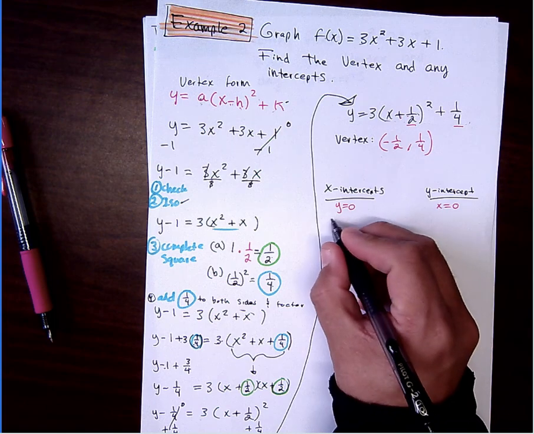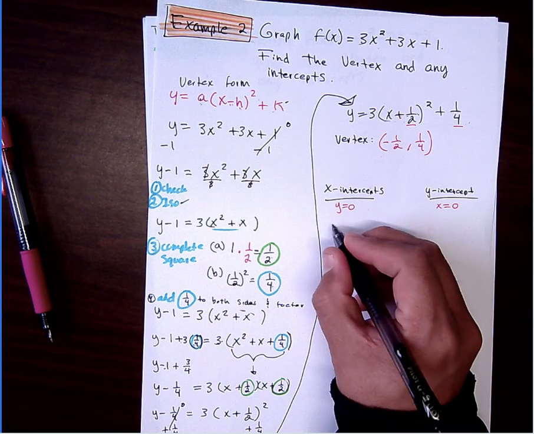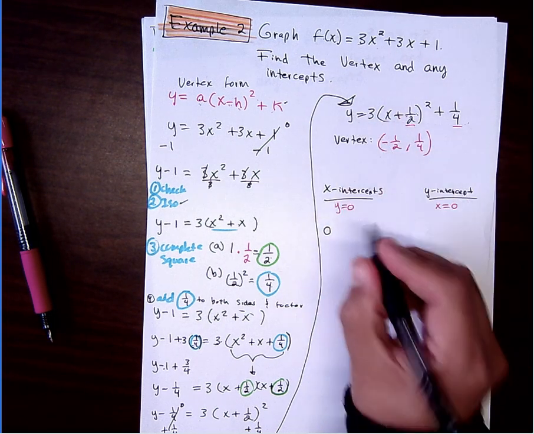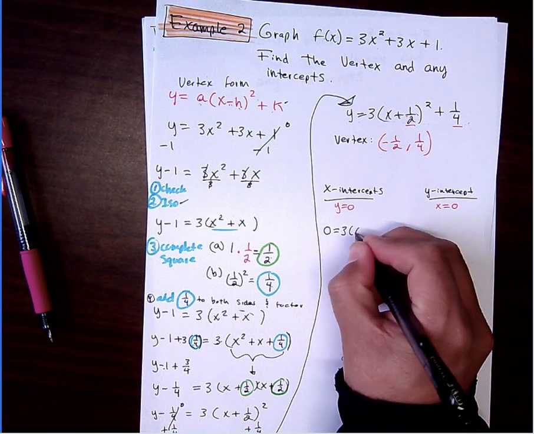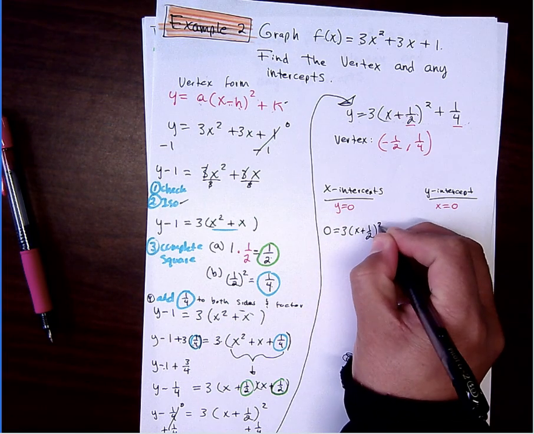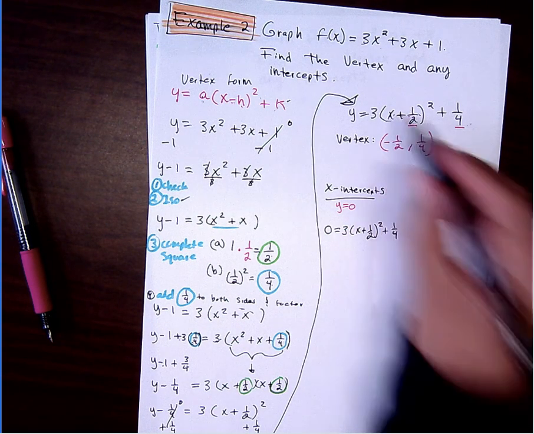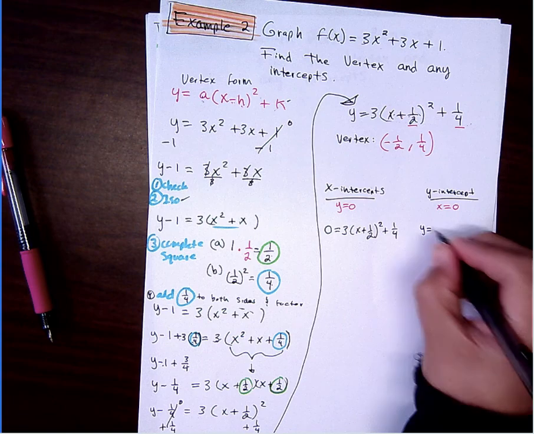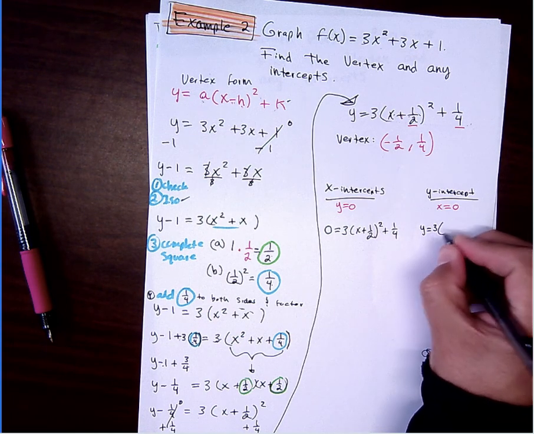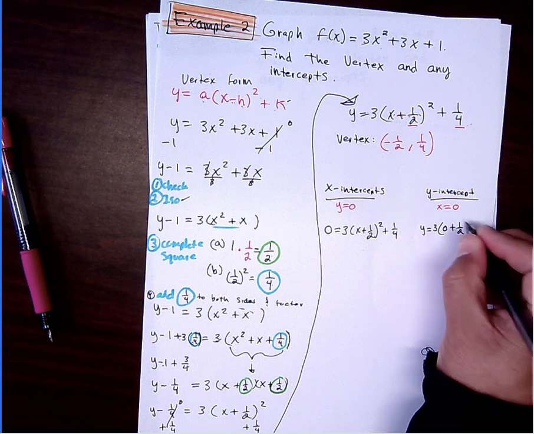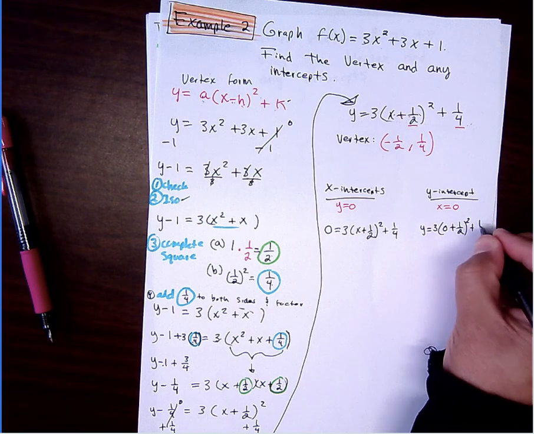So y would be 0, so I'm going to put 0 for the y. 3x plus 1/2 squared plus 1/4 for this one. And this one I'm going to make the x 0. So y equals 3, 0 plus 1/2 squared plus 1/4.